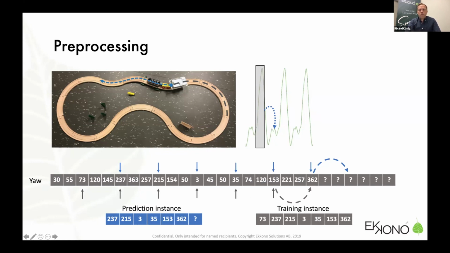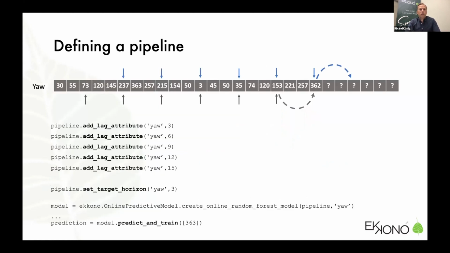So this may seem complicated just for lags, and then you can imagine if you have expressions or moving averages on top of each other, then it becomes quite cumbersome to keep all this in mind. But one thing we have done in Ekkono is to have a pre-processing pipeline that helps you with that. So for setting up what we've just been looking at, you just define which lag attributes you want.